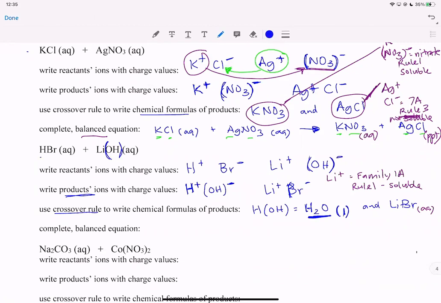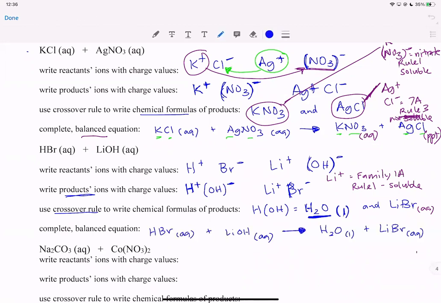So writing the complete balanced equation here, you start by copying exactly those reactants, which are HBr, AQ, and LiOH, AQ. Then have an arrow, and you have those products that you just predicted, which are H2O, liquid, and LiBr, AQ. One little thing is that you will find this H2O is kind of tricky to balance.